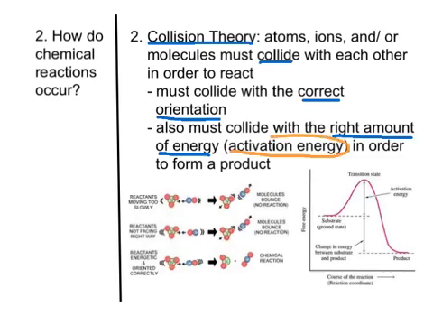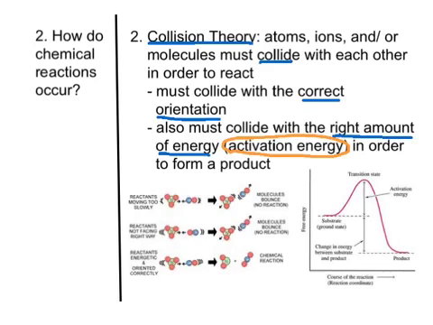This is an important term, activation energy. So they have to collide with the correct orientation, and with the correct amount of activation energy, to even make a chemical reaction occur to form a product. If you think about all these things separately, it's kind of miraculous that we can have chemical reactions take place.